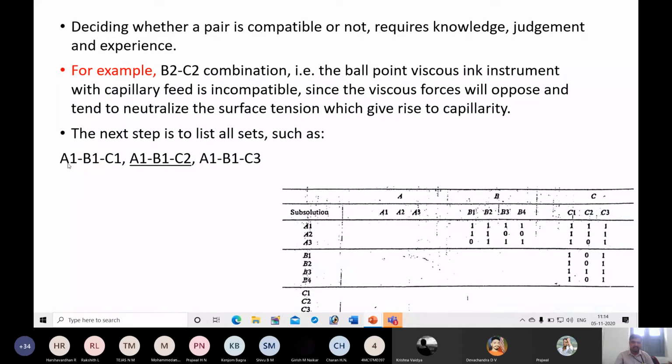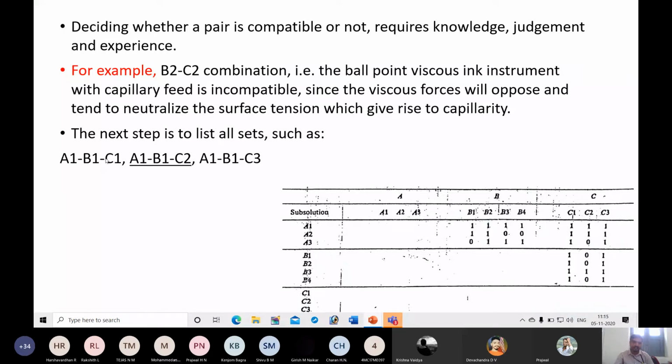Next, I have to check A1, C1. This is also compatible. Next, B1, C1. This is also compatible. Since A1, B1; B1, C1; and A1, C1 are compatible, the complete combination of these three is also compatible.